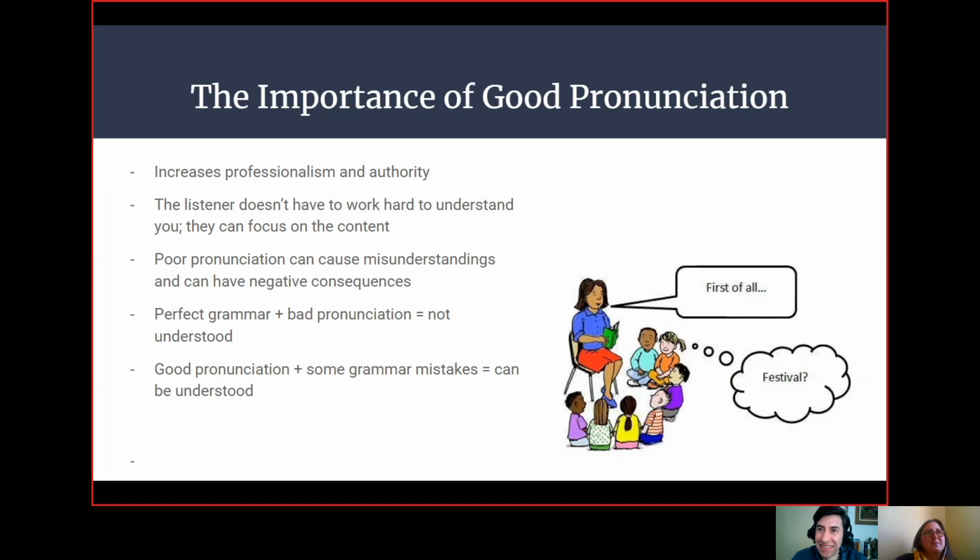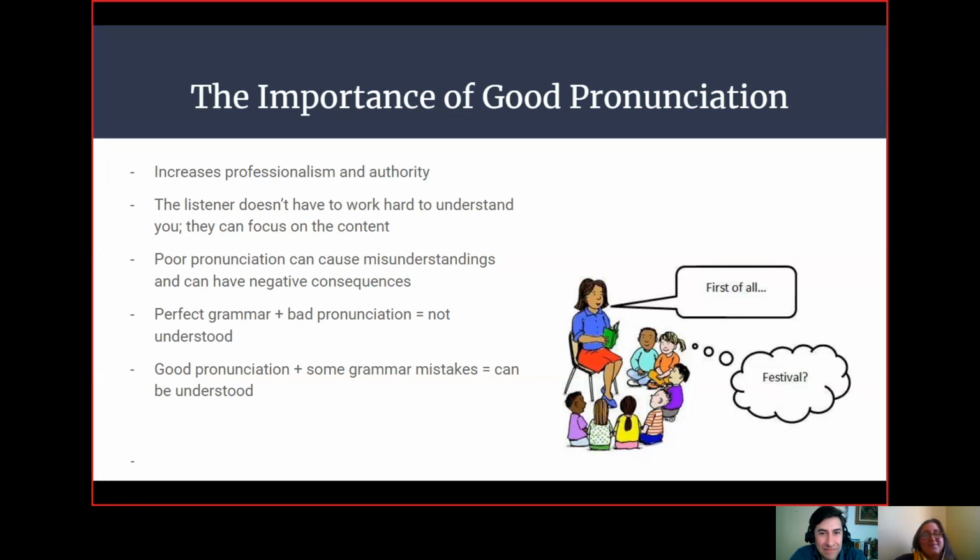And when the class was over, I was really confused, and I asked the person next to me what missionaries had to do with our course, and they told me that he was saying machinery, not missionary. And the whole class was lost on me because I misunderstood everything. So, poor pronunciation can cause these misunderstandings, and sometimes they can have negative consequences.